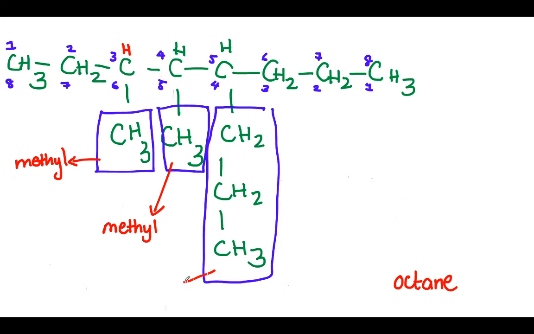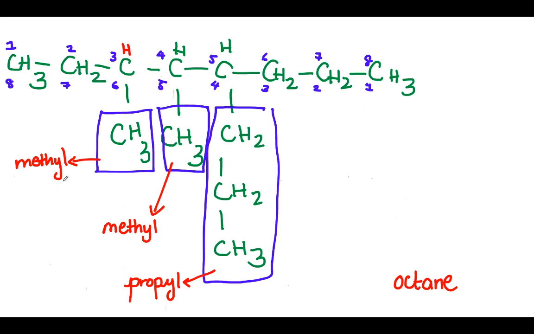Now, if we're looking at this side group, I've got 1, 2, 3. So I've got prop as my prefix. And because again, this is a side group, it will be yl. Okay, so there's a few different things I have to look at before I put these all together. So I've got 2 different types of side groups.